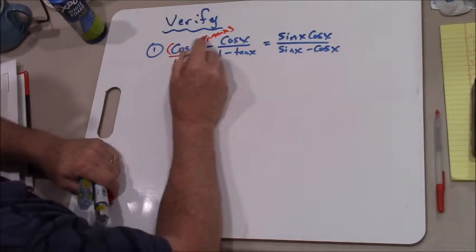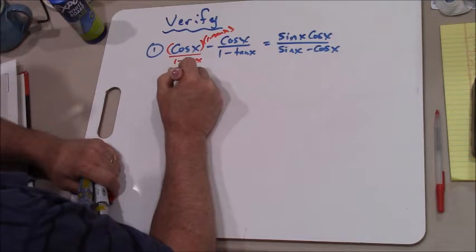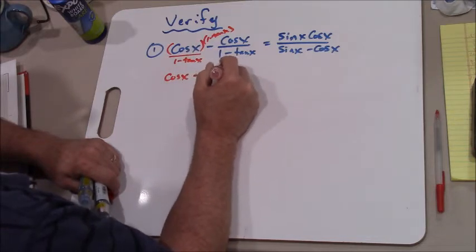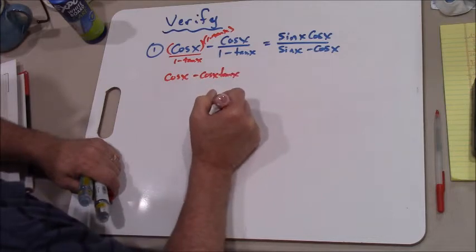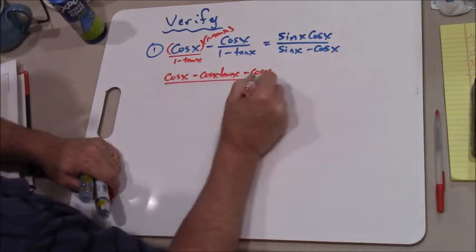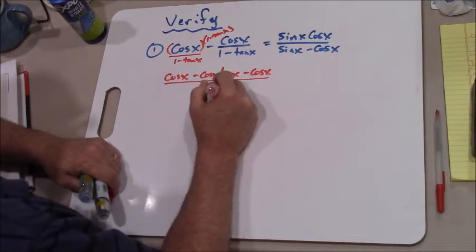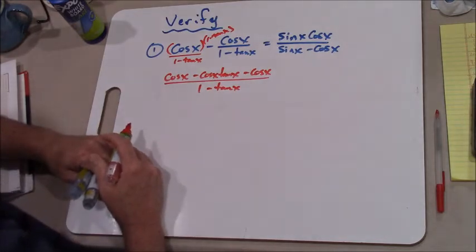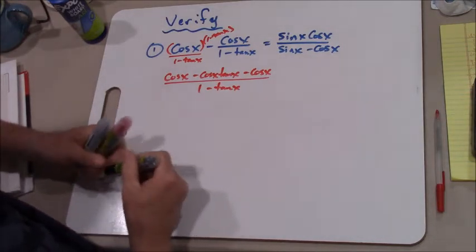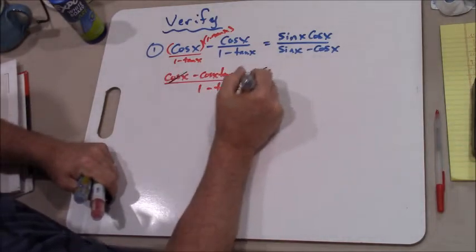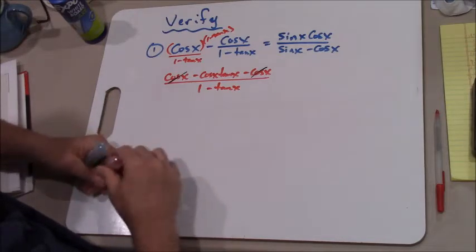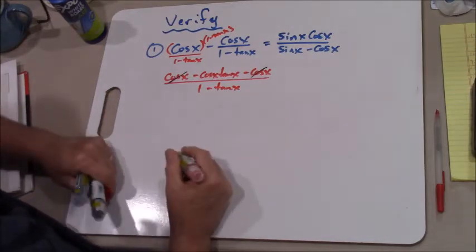All right, so if I distribute this, I would get a cosine of x minus a cosine x times a tangent of x minus this cosine of x, all over the common denominator, which is 1 minus tangent of x. So right away I see that cosine x minus a cosine x adds up to 0. Now I think I'll take what's left and change to sines and cosines.